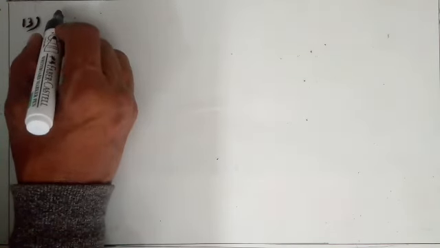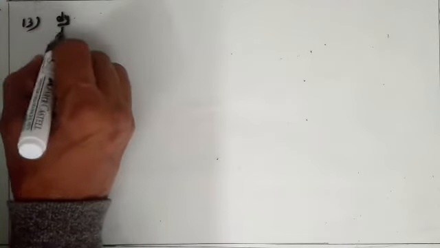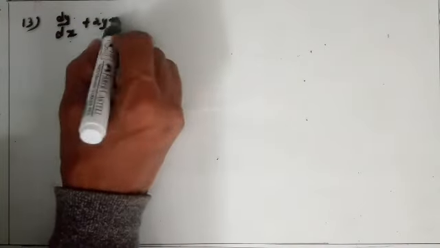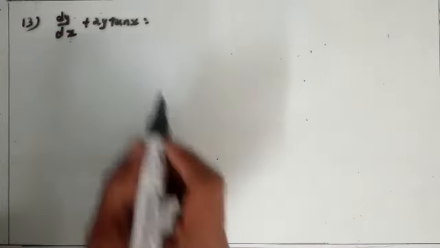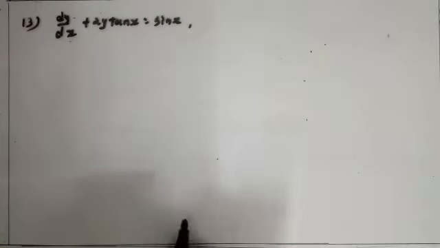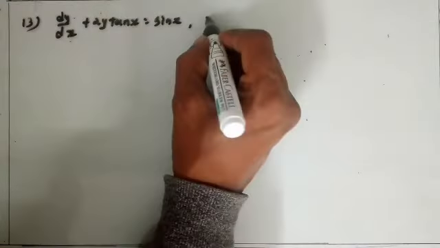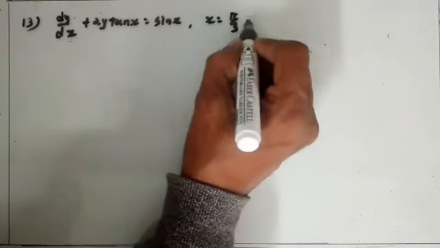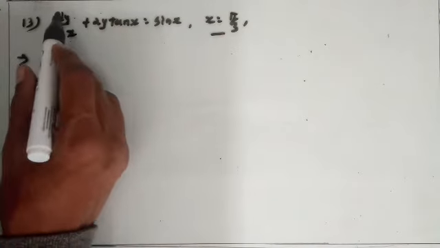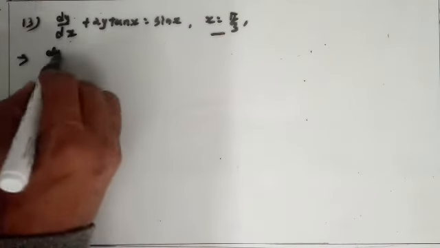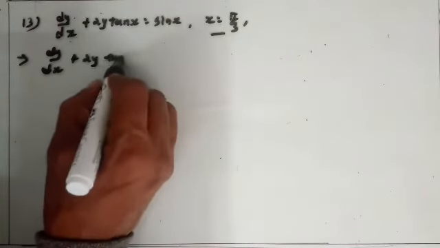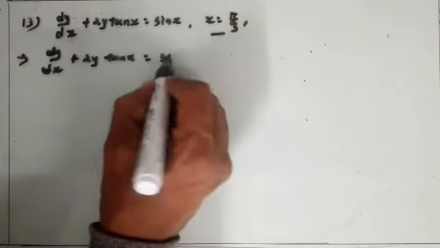Here in 13, dy/dx plus 2y tan x is equal to sin x, and initial condition x is equal to pi by 3. Here the differential equation dy/dx plus 2y tan x is equal to sin x is given.